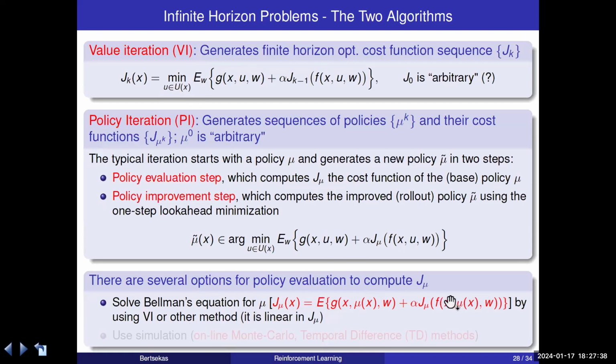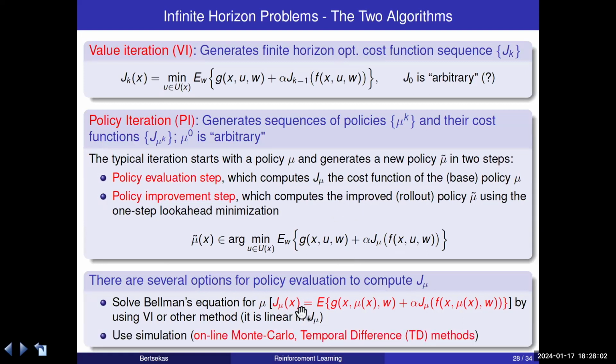One nice thing about this equation is that it is linear in J. If J is an n-dimensional vector, this is a matrix equation, a linear equation that can be solved by Gaussian elimination, MATLAB. So there is this possibility for policy evaluation.